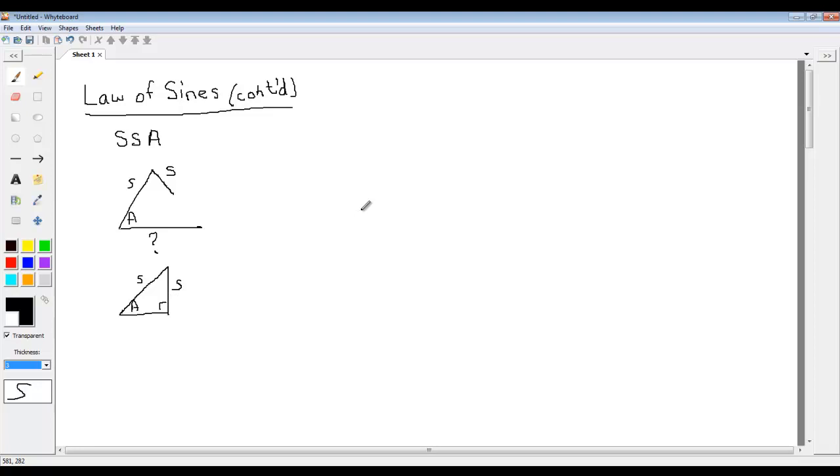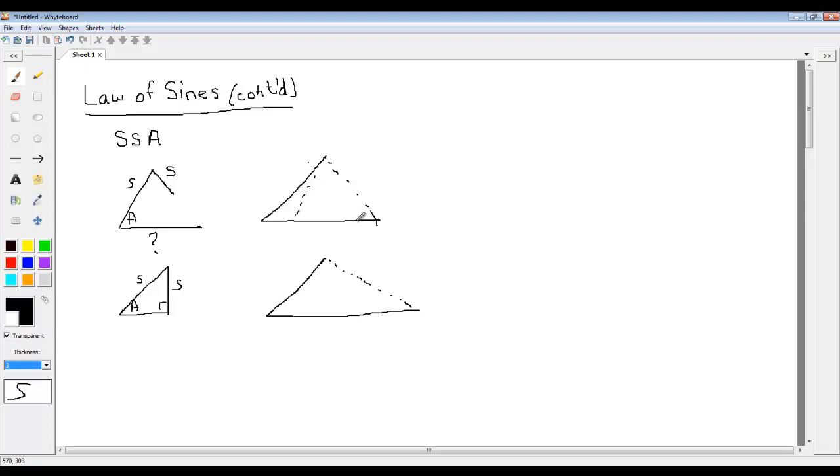Or you could end up with one where it could end up with two triangles, like this, where your other side can either go here or go here, and then there's two possible triangles. And then also there's the possibility of just one triangle where it ends up connecting like that. So we've got to be very careful as we work through them.